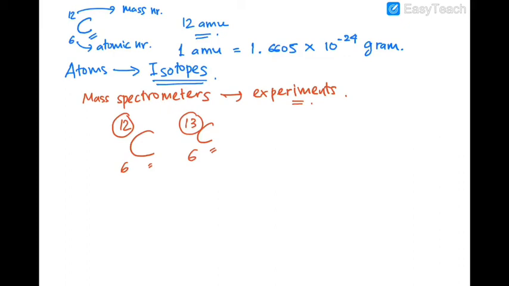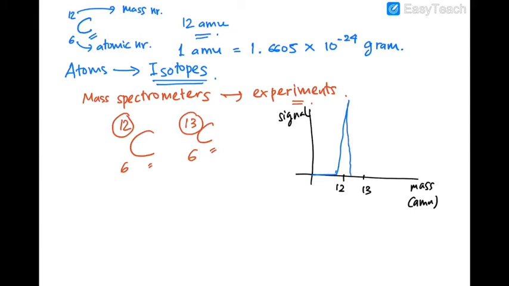So based on this experiment, I will try to draw it here. If the y-axis is signal and the x-axis is mass in AMU, then if this is 12 and this is 13, the experiment shows that you have 12 mainly, but there is also a small fraction that is 13 in mass. So we actually have both.